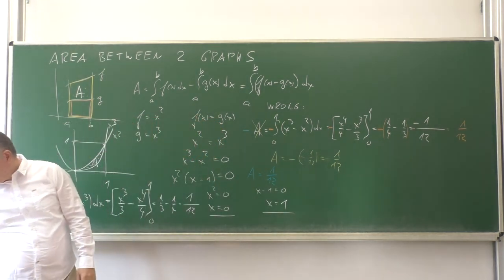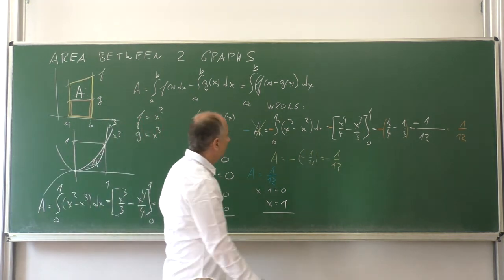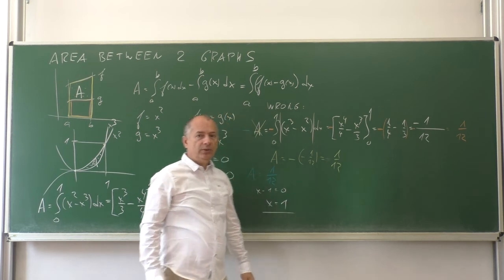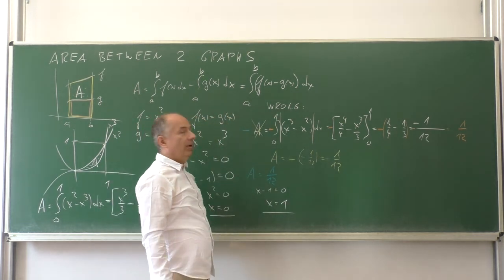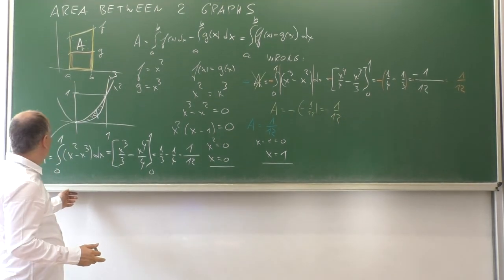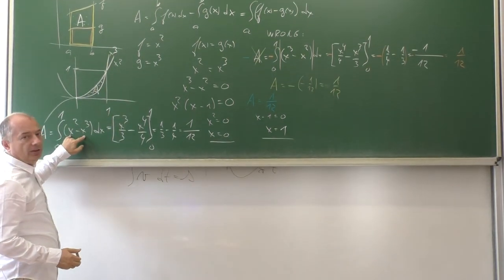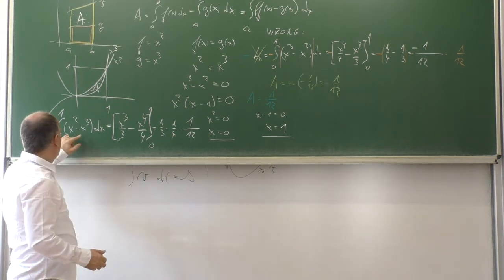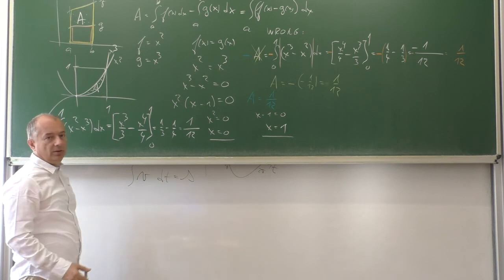Or still another solution would be to close all the integrands in absolute values. But definitely the best way is to consider carefully which function gives greater results in the interval of interest and write the greater function minus the lower one.